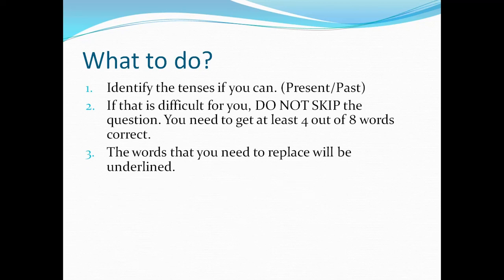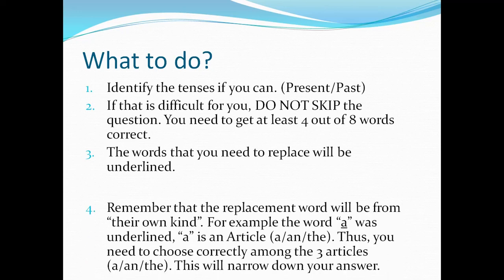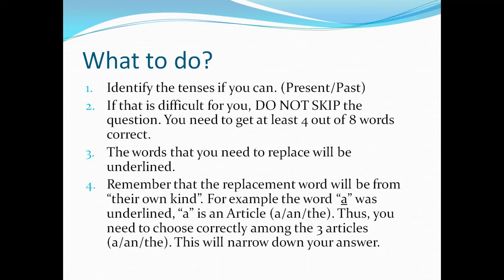Okay, next, the words that you need to replace will be underlined. Remember that the replacement word will be from their own kind. For example, if the word underlined is an article, there are 3 types of articles: a, an, or the.